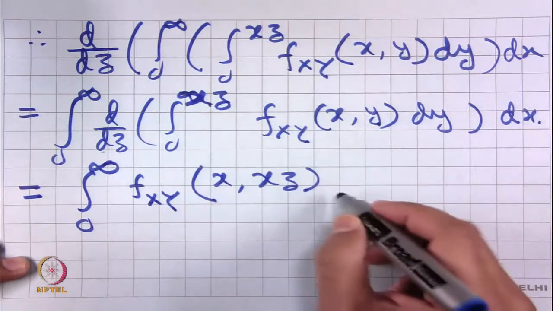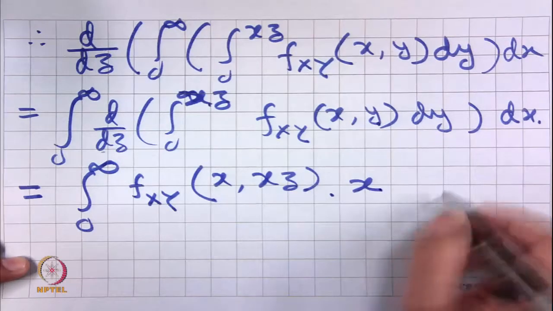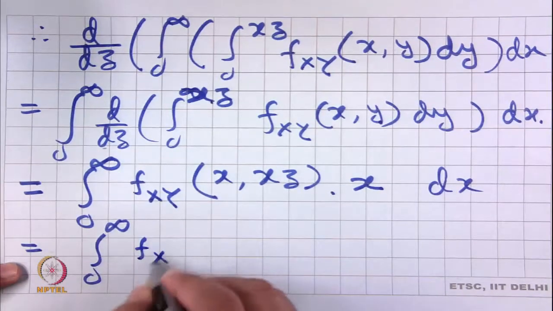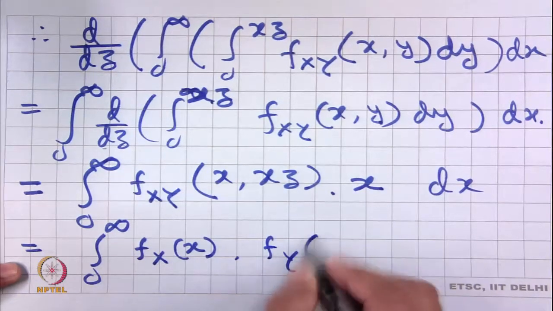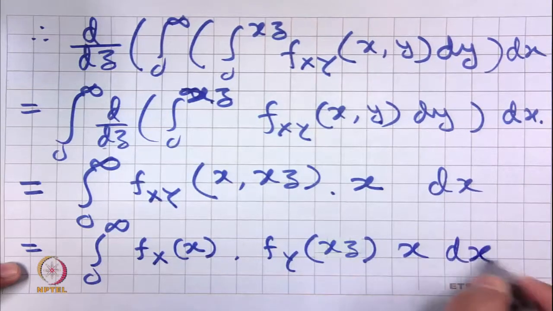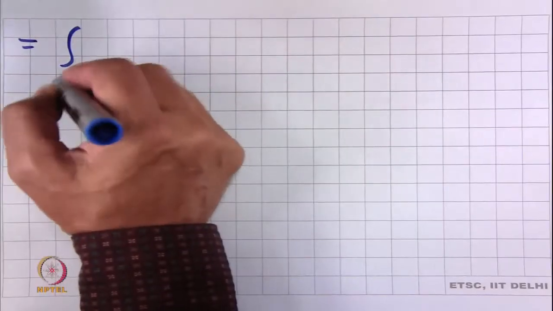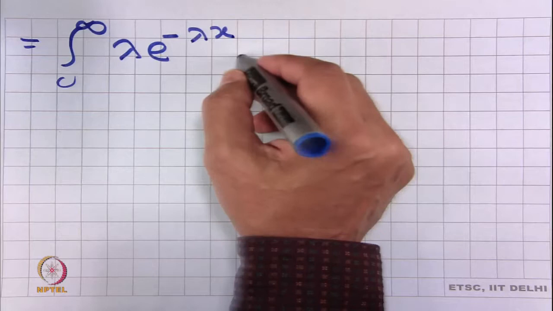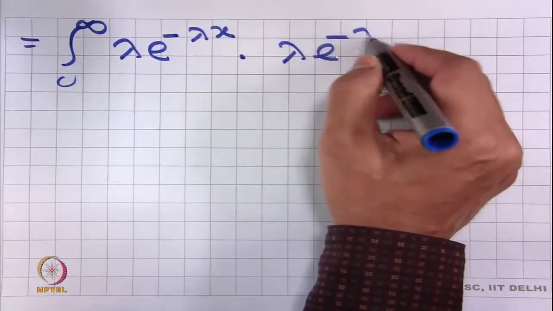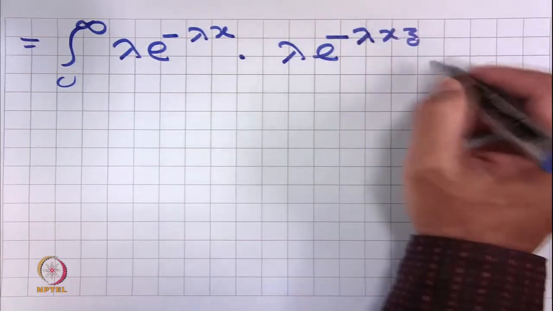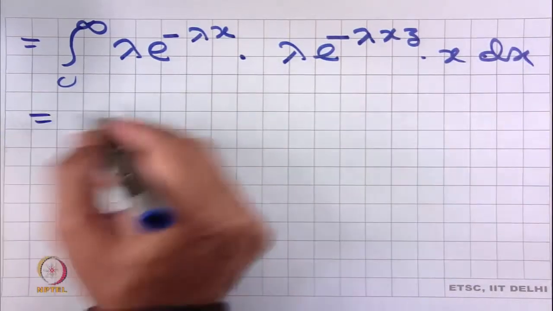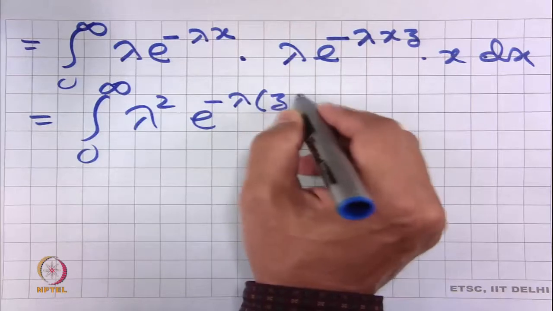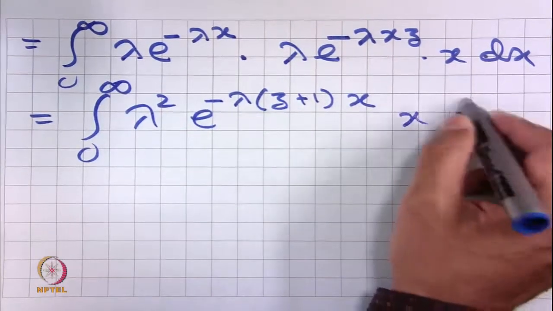Now, we differentiate xz with respect to z, that gives us an x, dx, which is equal to integral 0 to infinity f_X at x, f_Y at xz, x dx, which is equal to integral 0 to infinity lambda e^(-lambda x) multiplied by lambda e^(-lambda xz) times x dx, which is equal to integral 0 to infinity lambda squared e^(-lambda (z+1) x) x dx.